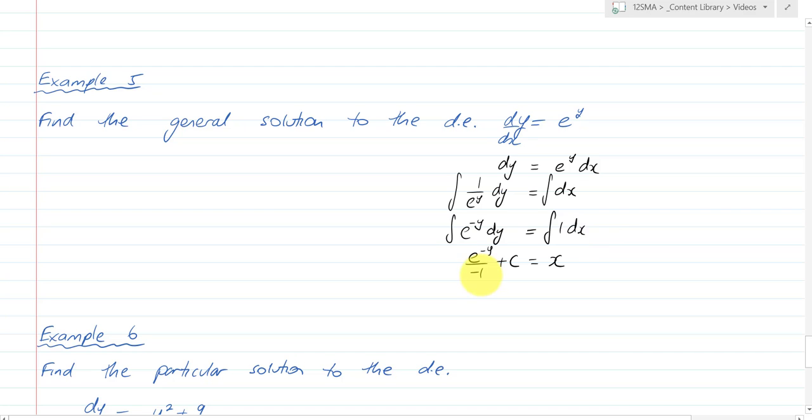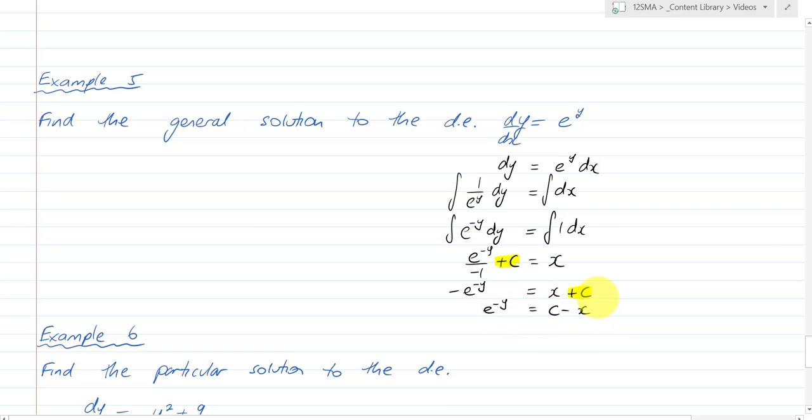And this is a general solution, so I'll just quickly show you where this might lead. e to the negative y equals x plus c. Now this is important to recognise: it doesn't really matter how we treat the constant. The constant there is negative 7, it just becomes positive 7 here, but we haven't still classified or worked it out. And then we can rearrange this as well. So we get something along the lines of e to the negative y equals c minus x.